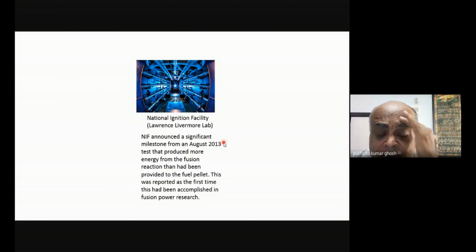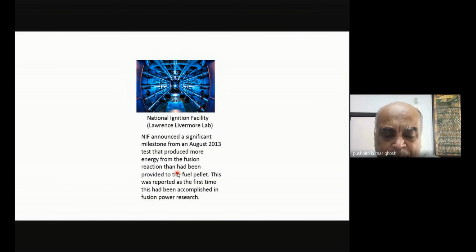Okay, now, as I told you, in the last 10 years the kind of progress that has been made is simply amazing. These people have approached this from that fuel pellet angle.